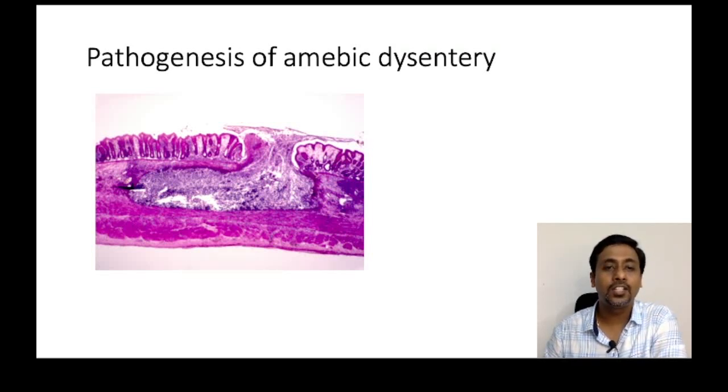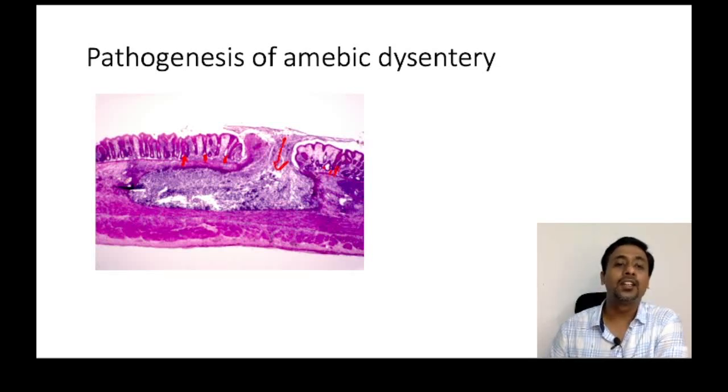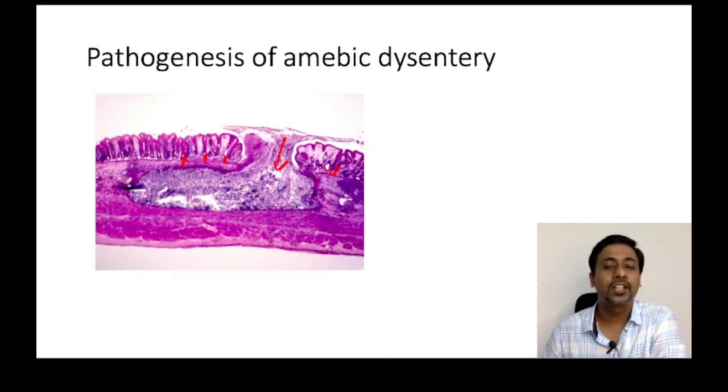So these are the crypts through which the trophozoites enter the mucosal layer, and this entry is facilitated by its own movement and by the release of a lytic enzyme, histolysin. Once it enters, it penetrates deep into the submucosal layer, but it usually cannot penetrate the muscular layer.